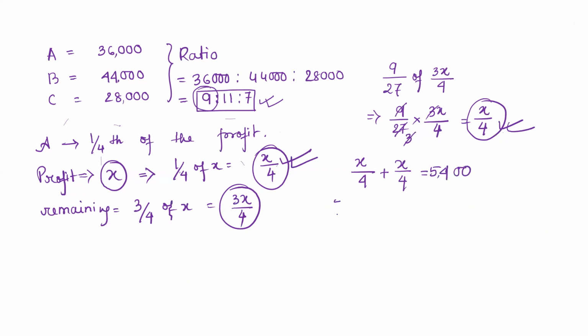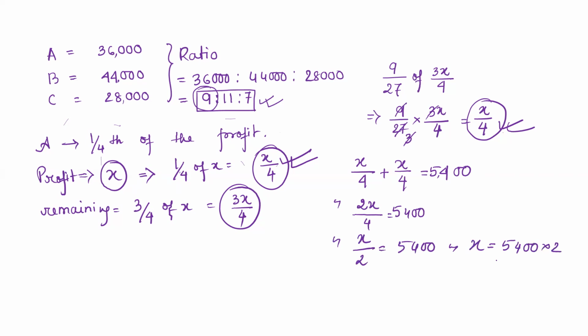That is 2x by 4 is equal to 5400. That means x by 2 is 5400, or x is equal to 5400 into 2.